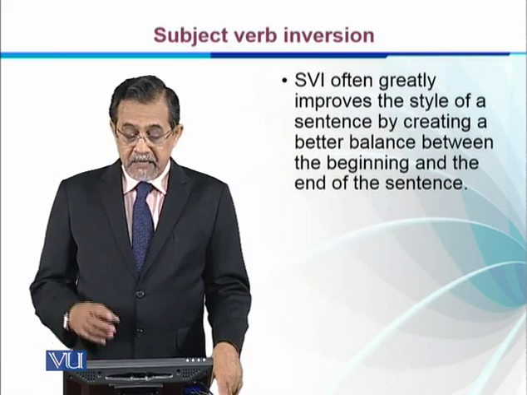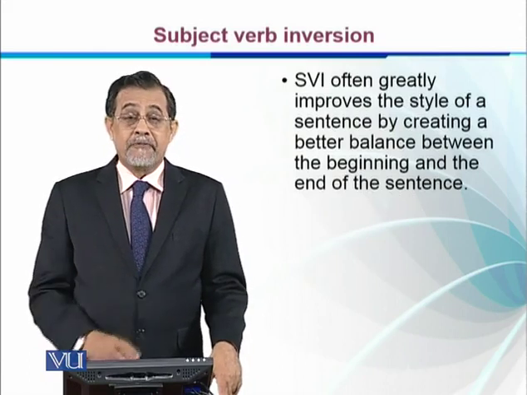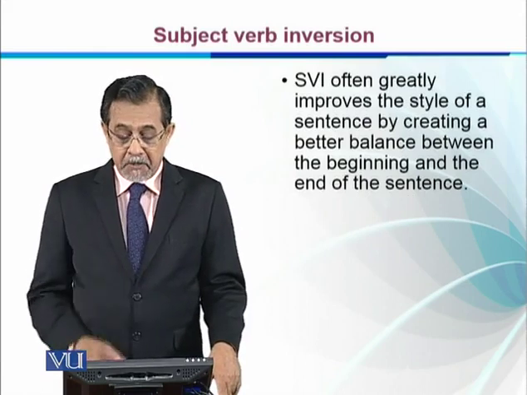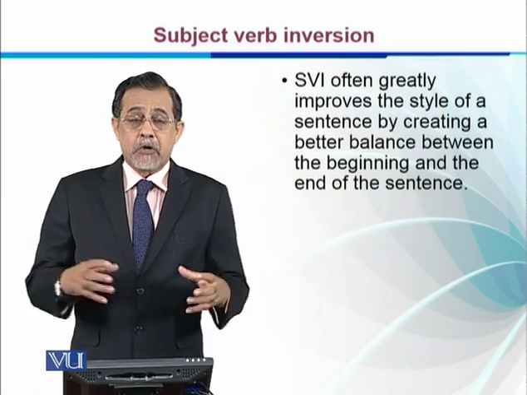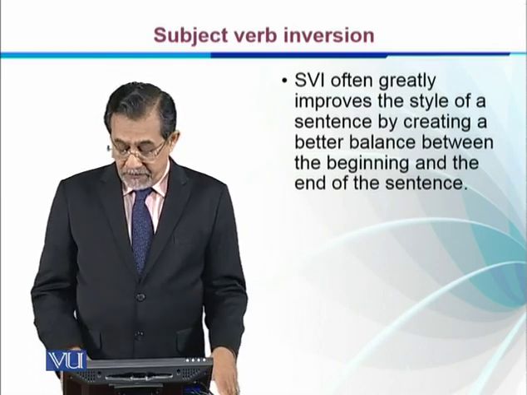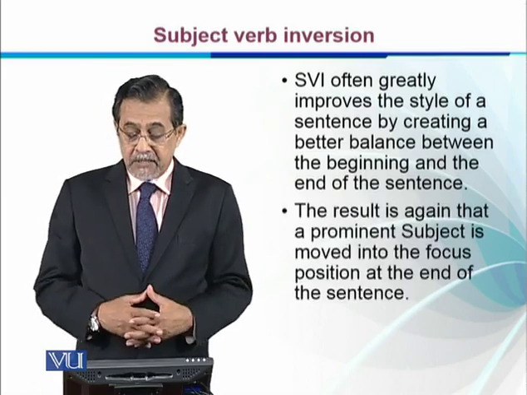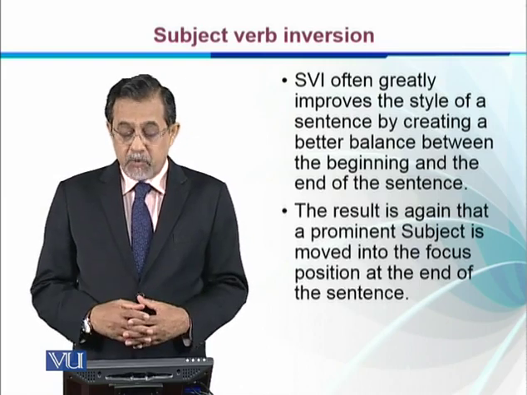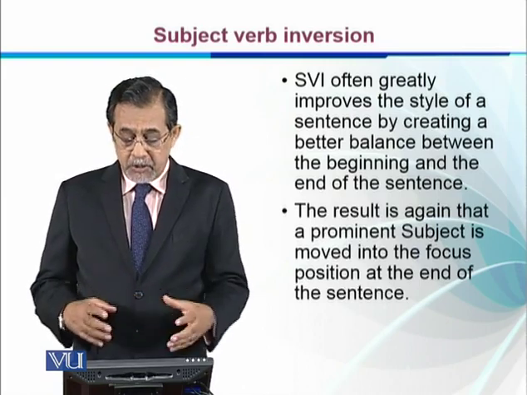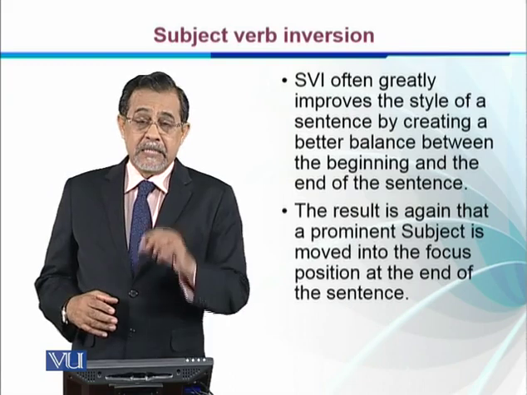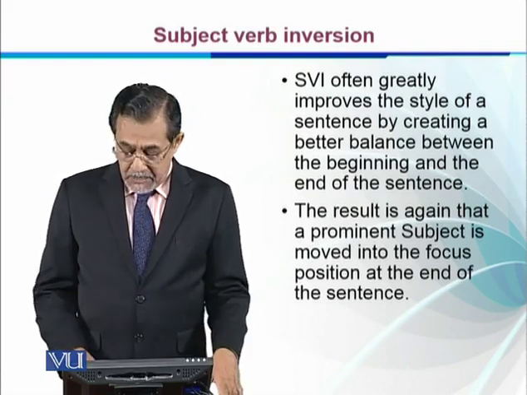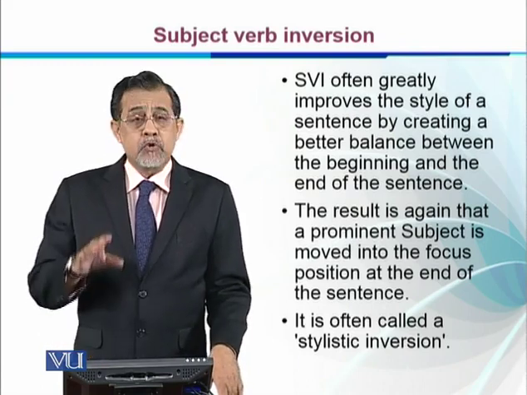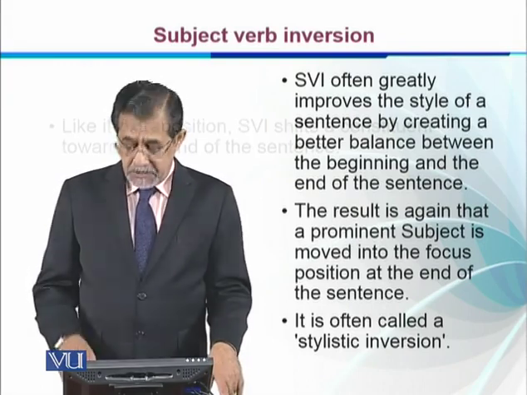SVI often greatly improves the style of the sentence. It is very important by creating better balance between different constituents at the beginning and at the end of the sentence. The result is again that a prominent subject is moved into the focus position at the end of the sentence. Remember that focus position is very important for conveying meaning. It is often called stylistic inversion.